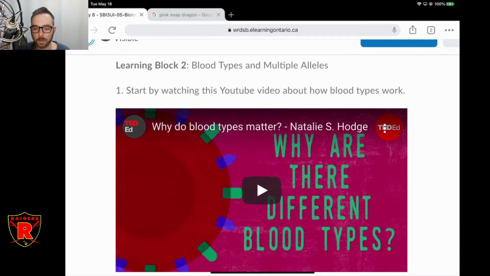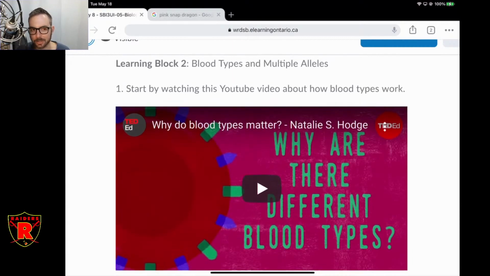One really common example of this, and it's the one that's used in every textbook because it's a real life example that is very common, is blood typing. There is more than one allele for blood type, and you've probably heard of this already. There is the A type, there is the B type, and there is the O type.